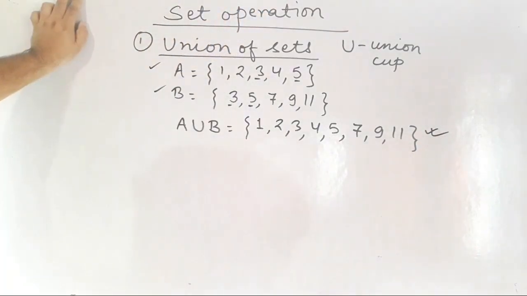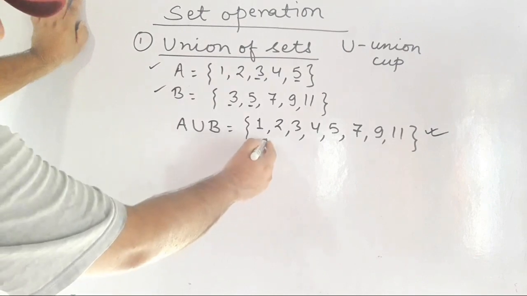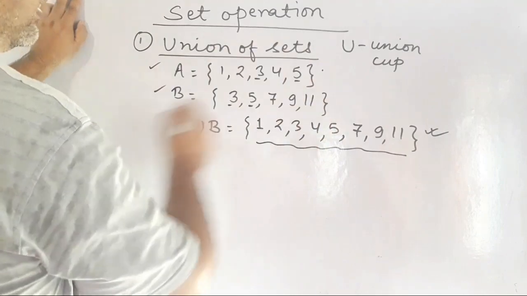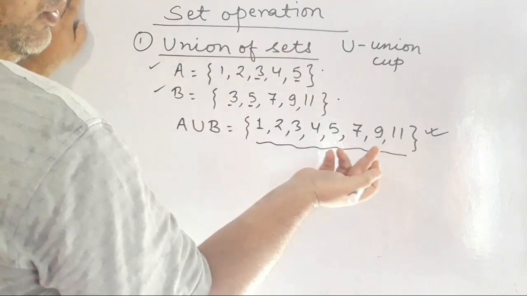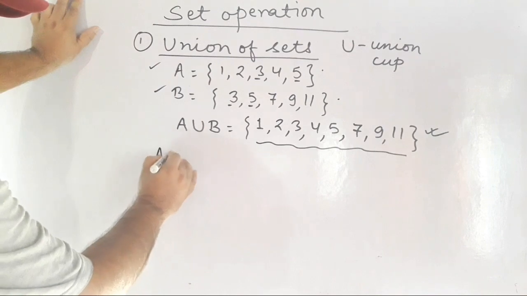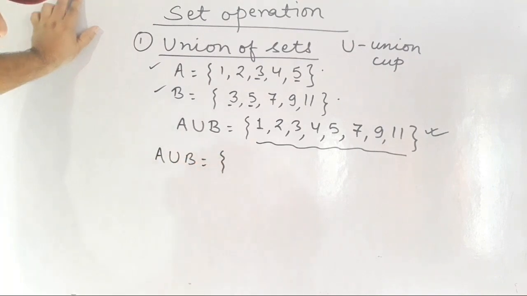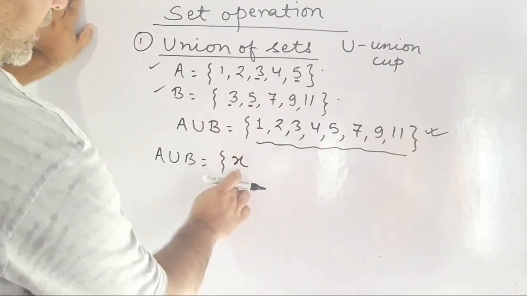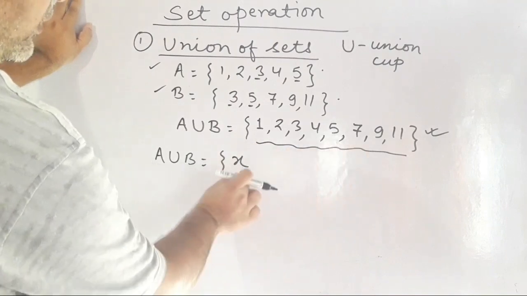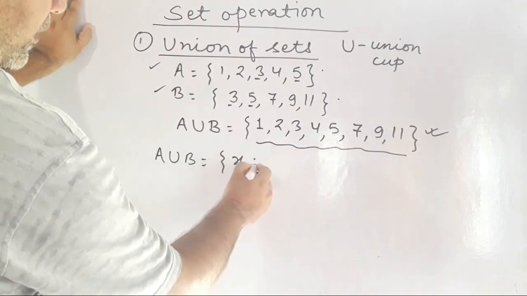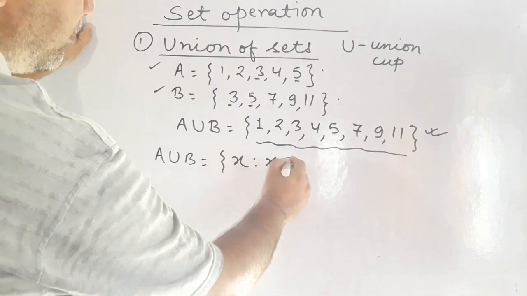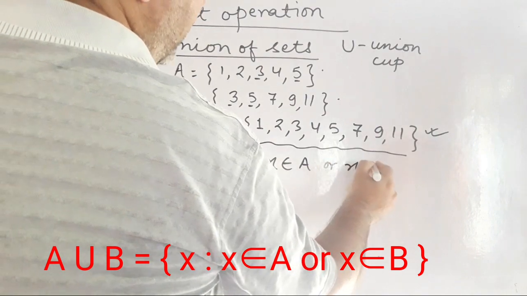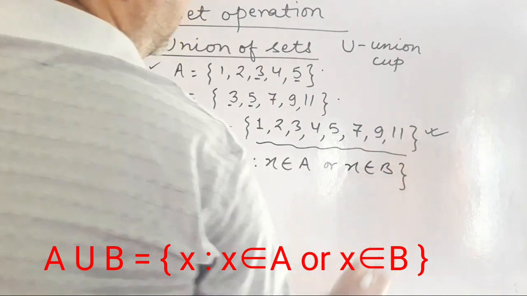The union of sets A and B is the set that contains the elements that belong either to A or to B or both. So in set builder form we write A union B equal to the set of all X such that X belongs to A or X belongs to B.